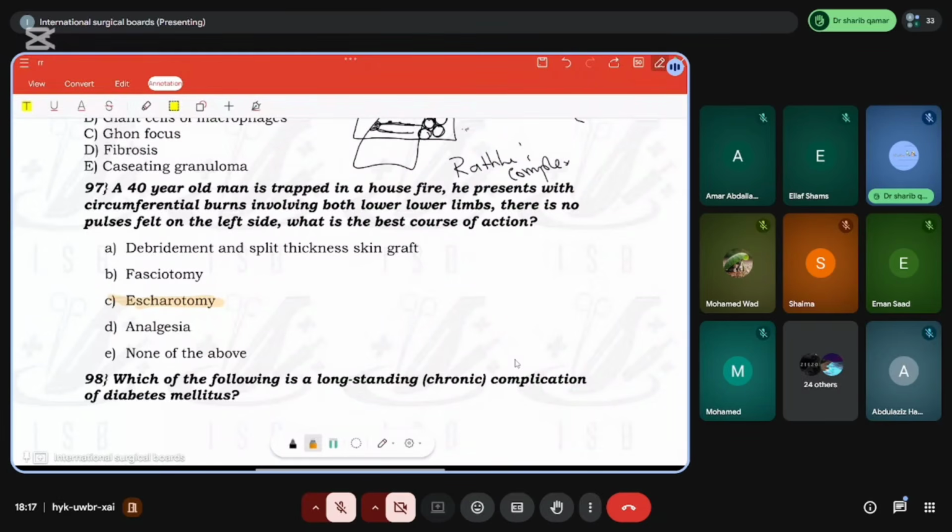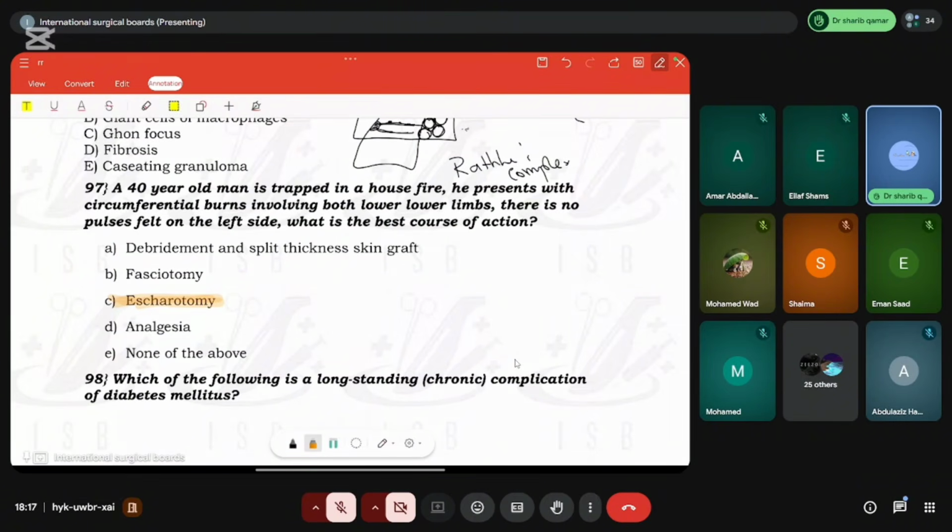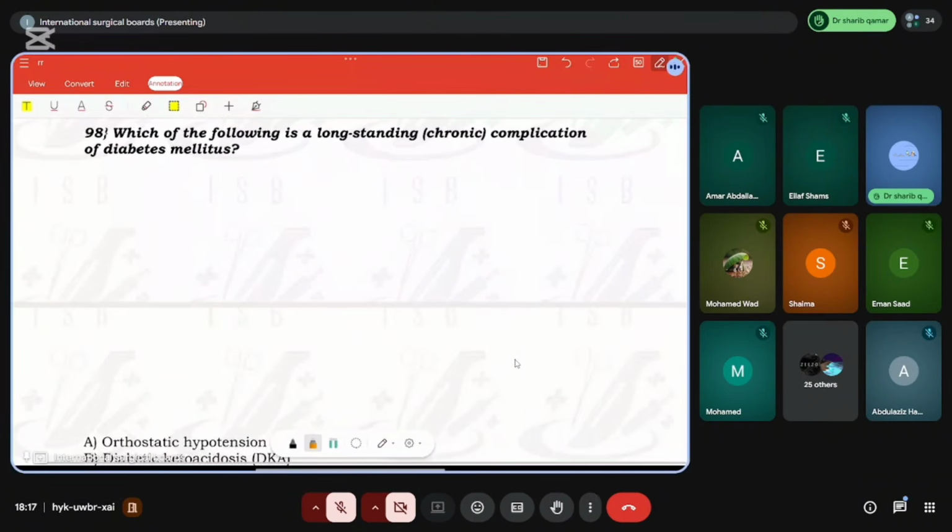The cause is not edema of the muscles inside the compartment. The cause is extrinsic compression. So the treatment of choice will be escharotomy to release this tourniquet. It is not fasciotomy. It's escharotomy. Agree? Yes. Good, very nice. Let's see the next question.